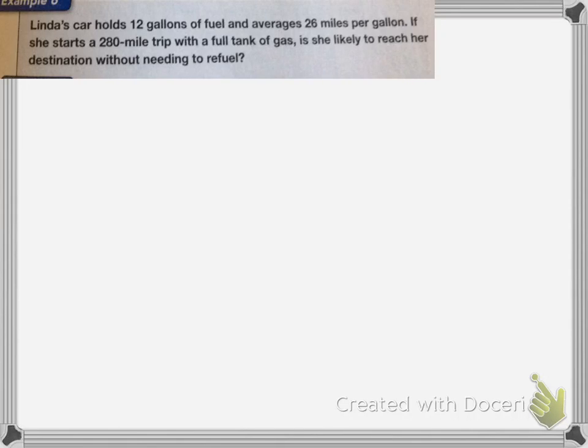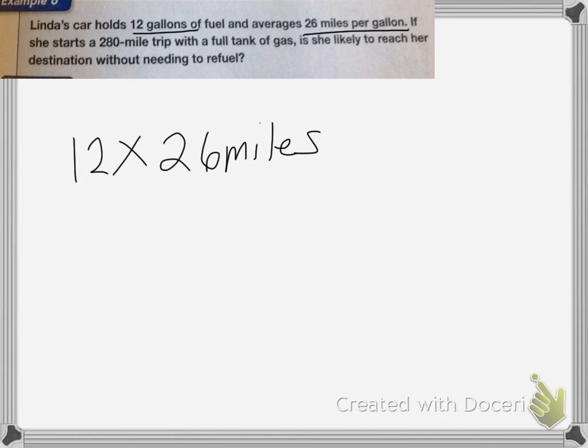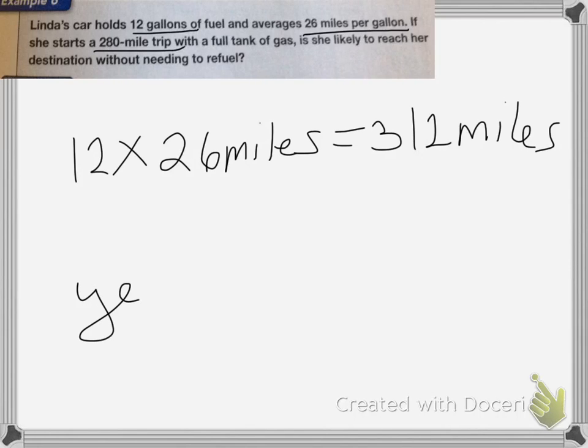So if she gets 26 miles per gallon, and she gets 12 gallons of gas, I'm going to multiply the 12 times that 26 miles to figure out how far she will actually get. 12 times 26 is 312 miles. Since she is only going 280 miles, yes, she will make it to her destination without refueling.